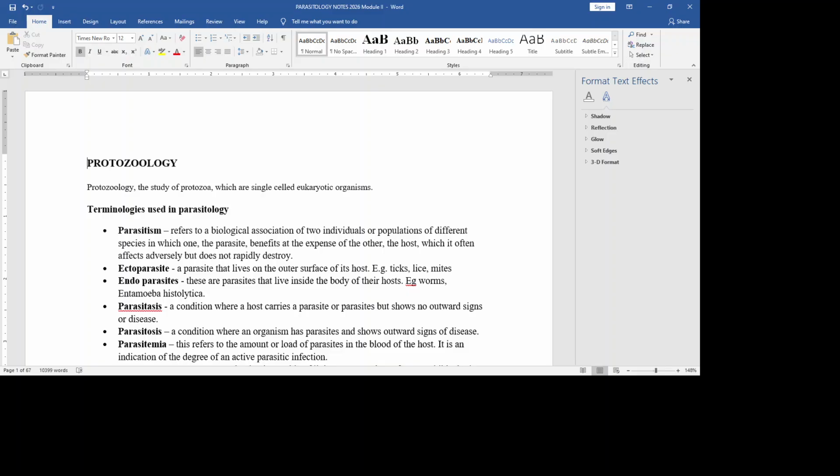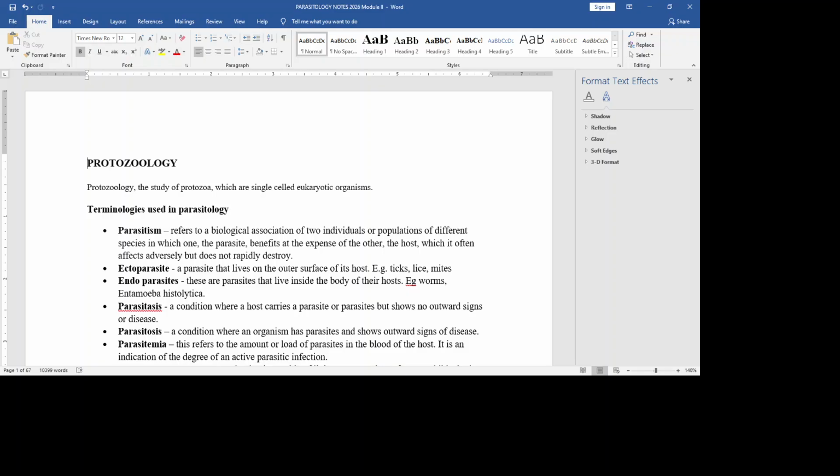And so these parasites consist of a number of organisms, basically the unicellular protozoa, and we have the multicellular parasites, which are divided into flatworms, roundworms, and we also have the arthropod vectors.